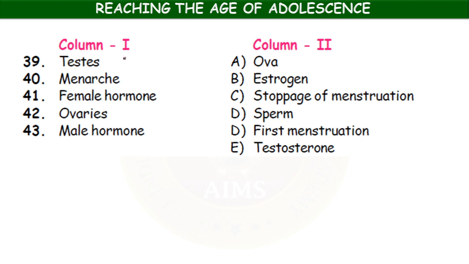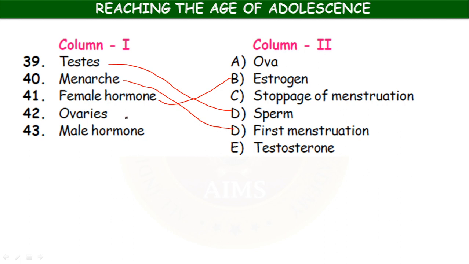Next, again column 1 and column 2 we have to match. The testis produces the male gamete, spermatozoa. Menarche is the first menstruation. Estrogen is the female hormone which is responsible for the secondary sexual characters in females.